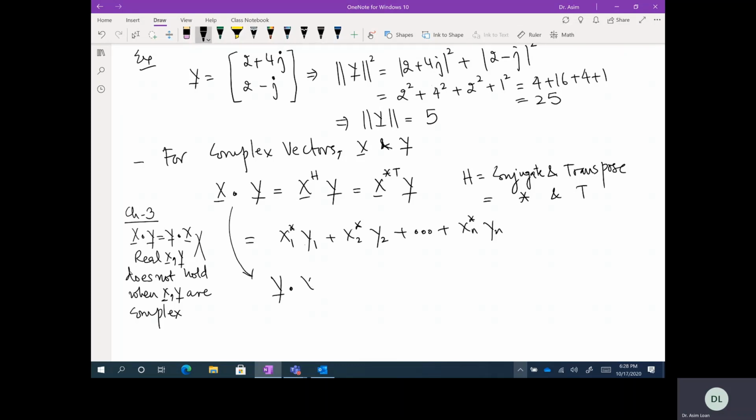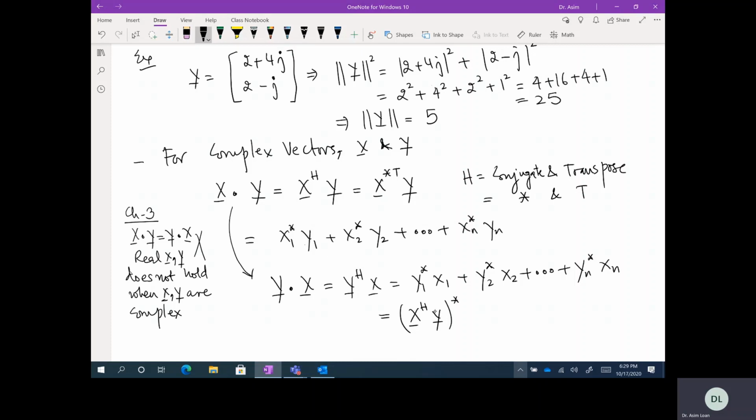Y dot X is Y H X, which is equal to Y1 conjugate X1 plus Y2 conjugate X2 plus so on and so forth plus Yn conjugate Xn, and this is simply equal to X H Y whole conjugate.